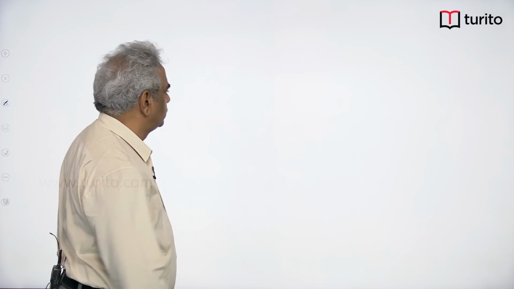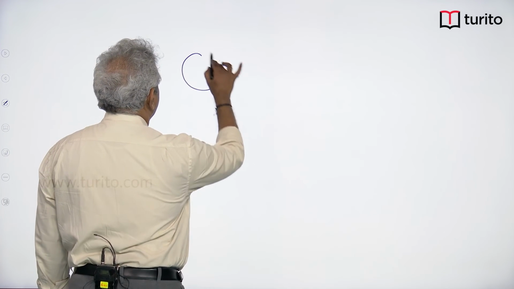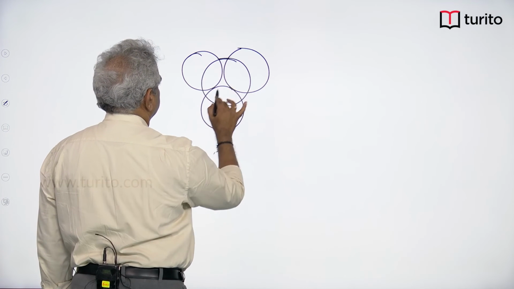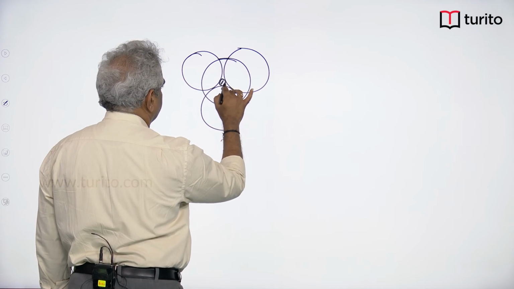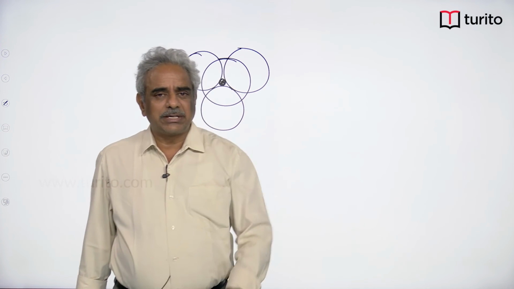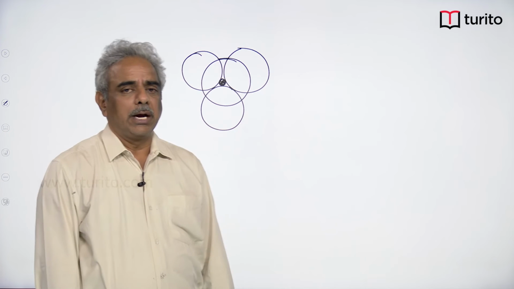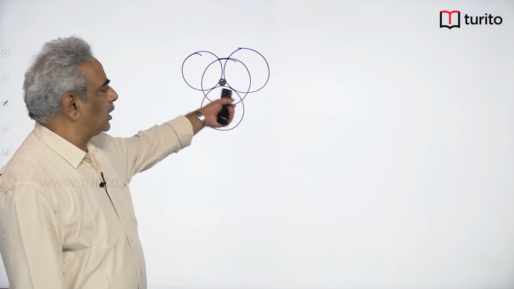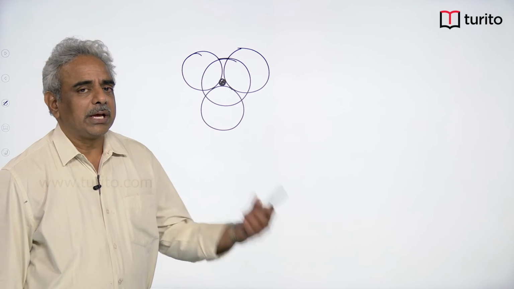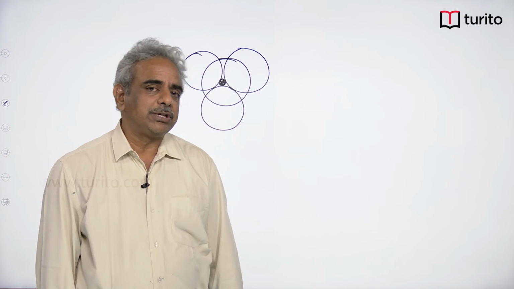Now let us think of the tetrahedral void. Suppose I have a tetrahedral void like this, the in-between place is the tetrahedral void. I want the radius of the small sphere that exactly fits into the tetrahedral void. How to calculate that radius? First of all, let us take an FCC unit cell.